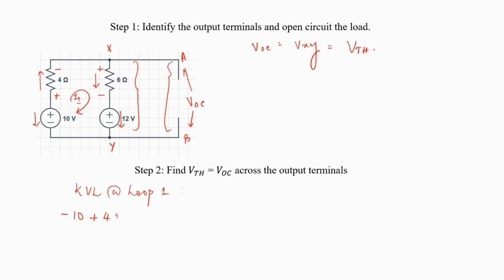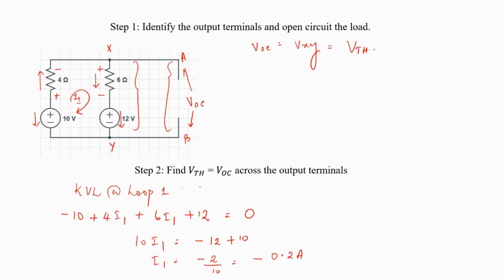So, 4I1 plus 6I1 plus 12 is equal to 0. So that is 10I1 is equal to minus 12 plus 10, which is minus 2. So I1 is equal to minus 2 by 10, which is minus 0.2 amps.